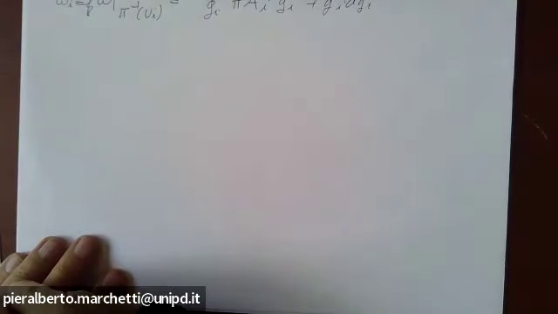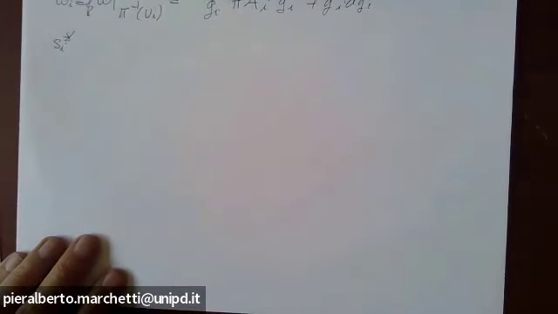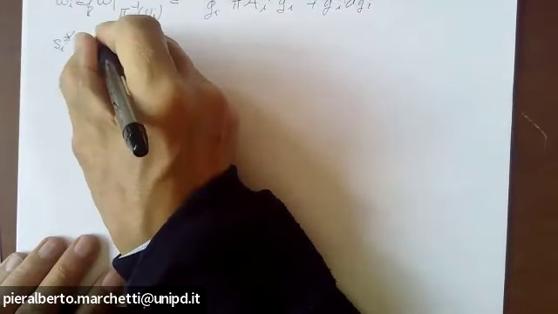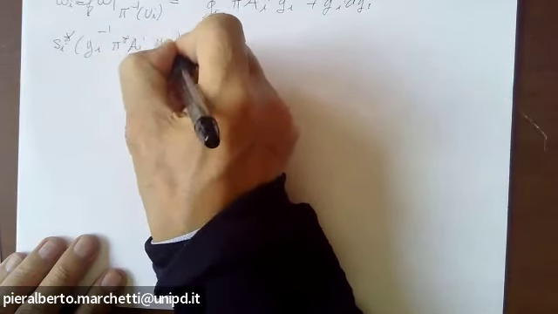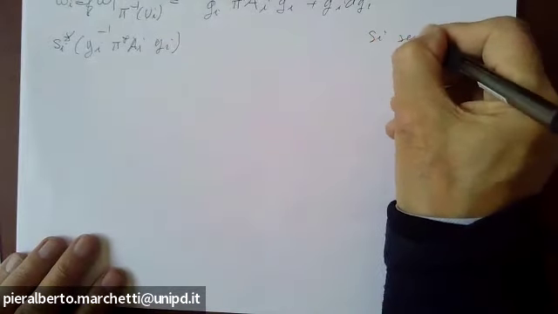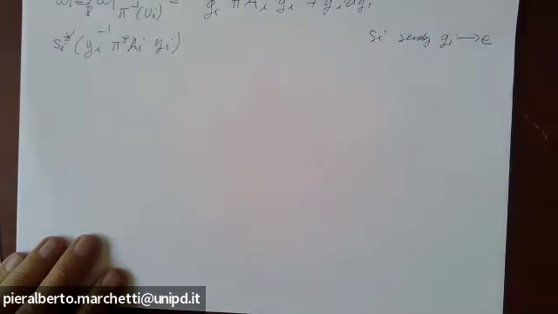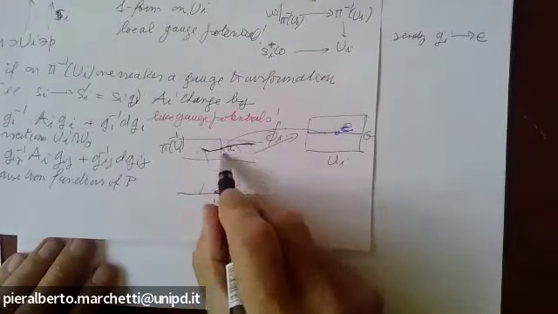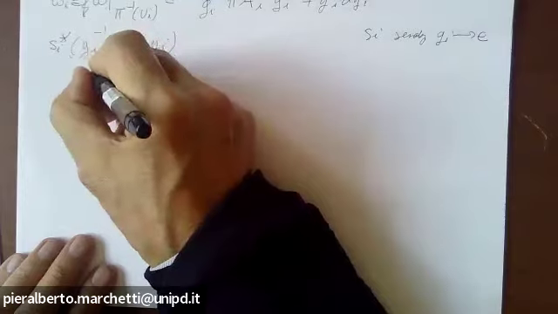Why does this work? Because remember you have your section SI acting on GI minus 1 pi star of AI GI. Remember that SI was sending in particular GI to e, always. Because as we said before, any point along this curve is sent to e in G, which means that this is e from the point of view of SI.